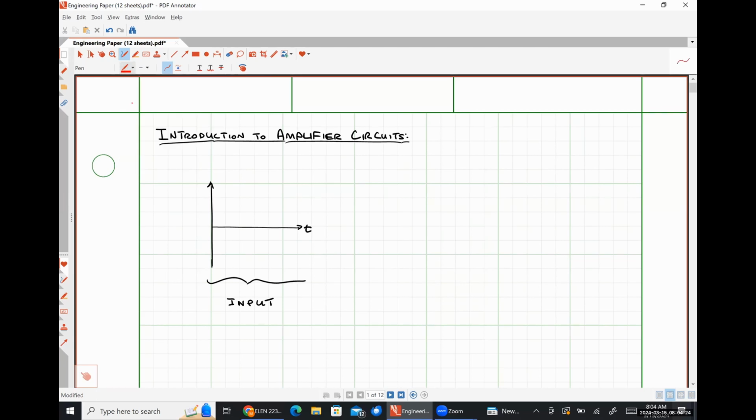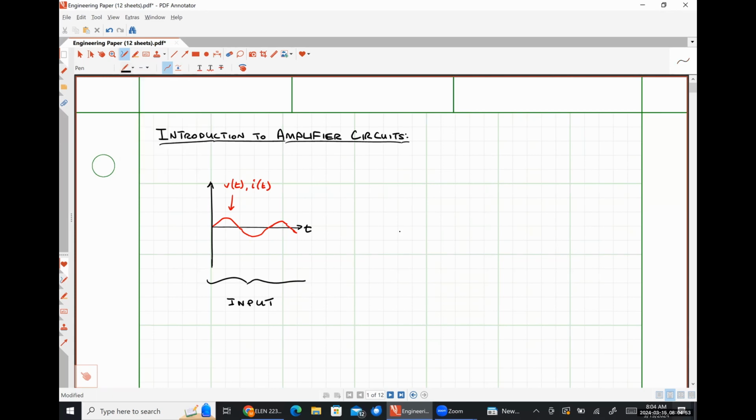That input signal might look something like this. I'm just going to draw a simple sinusoid, or attempt to, apparently. Where this signal could be representative of a voltage waveform or a current waveform.